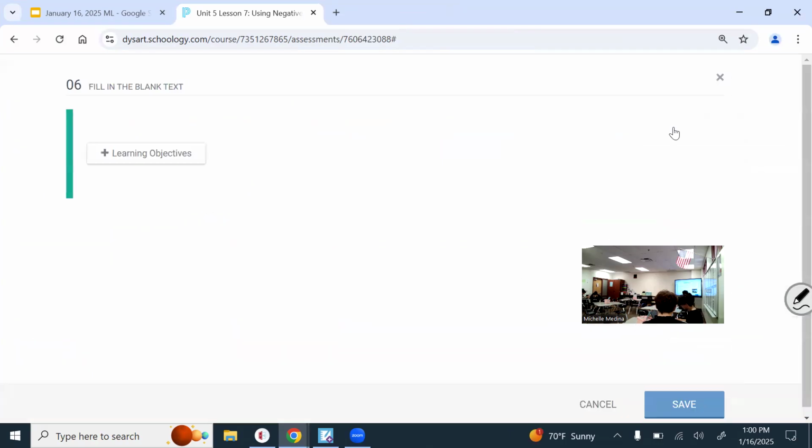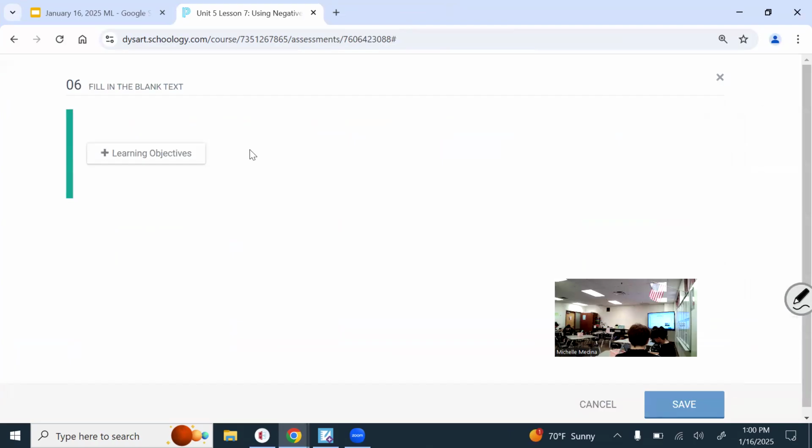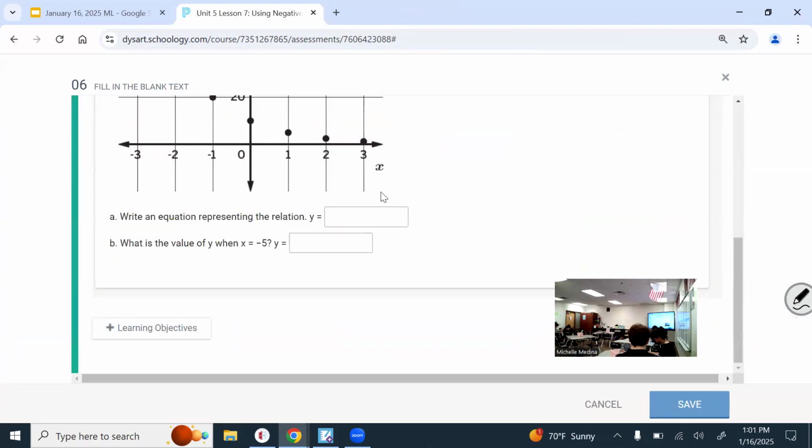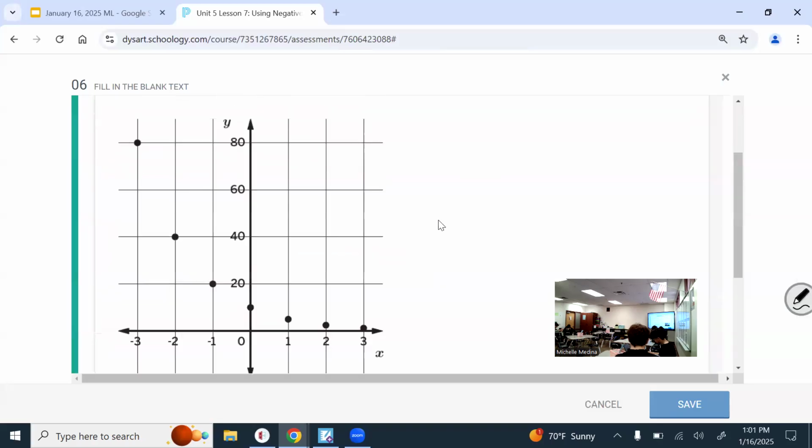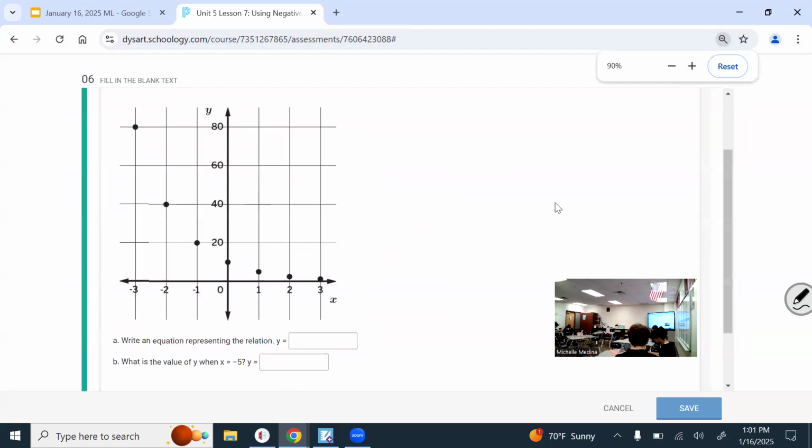All right, so the graph shows this exponential function. We're going to write an equation and find the value when x is -5. So for your exponential equations, what's the setup?